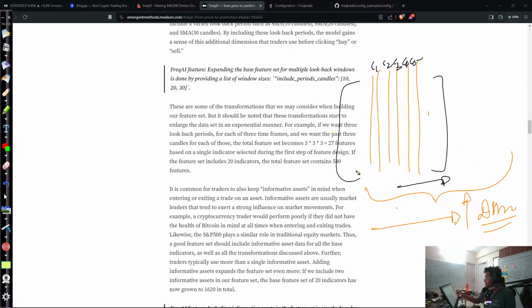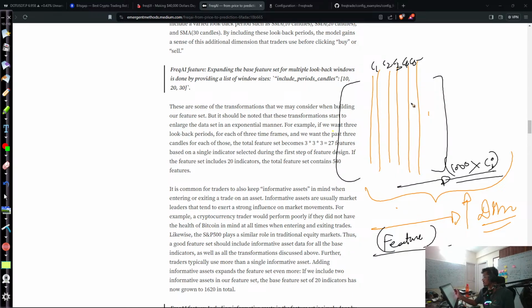Suppose we have 1,000 rows, and the columns can be variable. Whatever feature engineering we do, it can be more than 1,000. I have built some feature engineering with around 2,000, 3,000 columns.